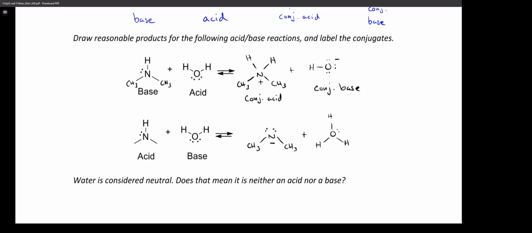So hydronium ion is what? The conjugate acid or the conjugate base this way? Conjugate acid. Yeah, that would be the conjugate acid. It needs a positive charge. And it's the conjugate base.